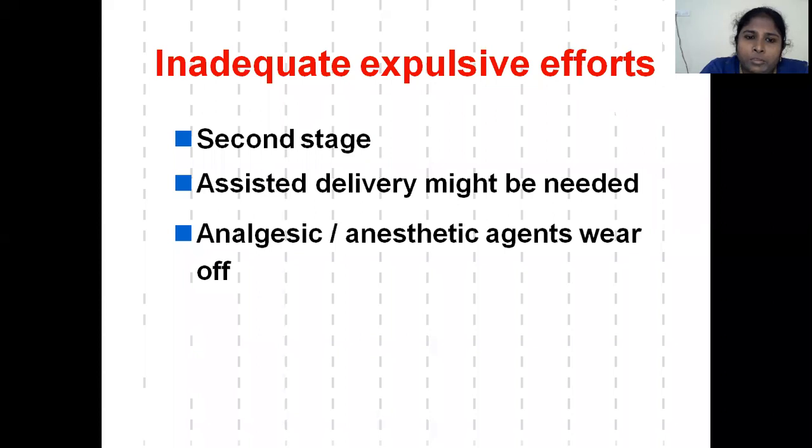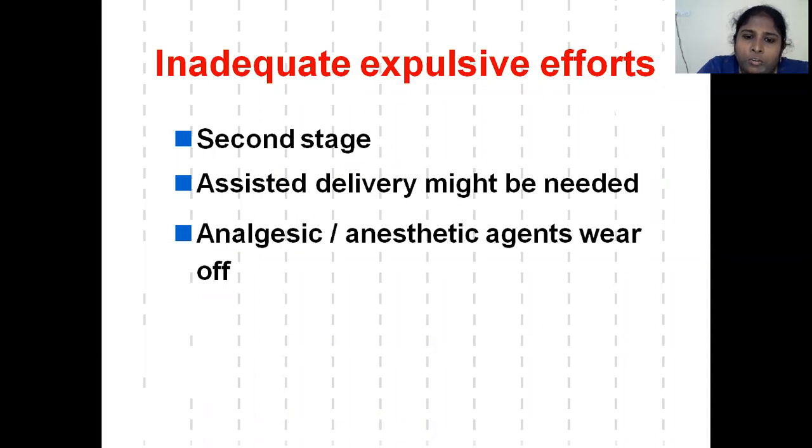And then coming to another abnormality of the power, which is inadequate expulsive efforts. That is, the mother should aggressively bear down during the second stage for the baby to expel out. If she is exhausted, she is in labor from last night or something, and she did not have even any liquids, she stopped bearing down, that leads to inadequate expulsive efforts.